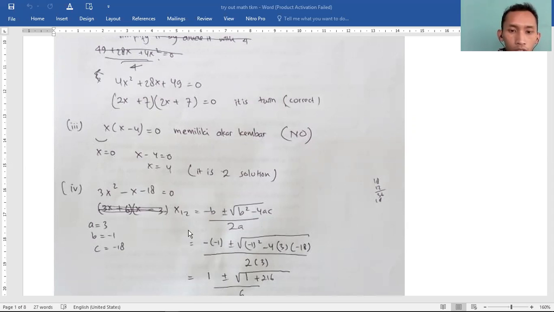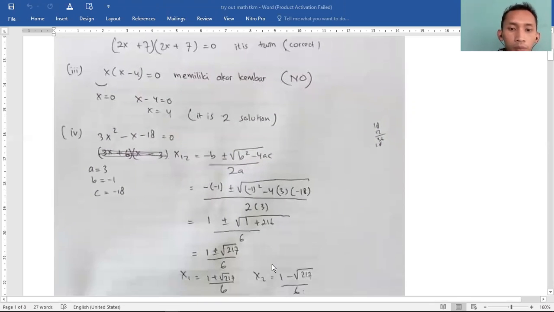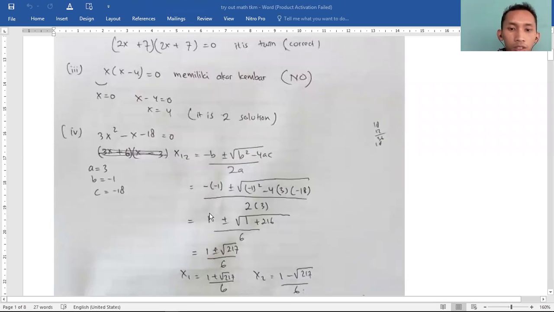So we just need to substitute to this formula: minus of minus 1, plus minus square root of minus 1 squared minus 4 times 3 times minus 18, per 2 times 3. Okay, and then negative times negative is equal to positive 1, plus minus, negative 1 squared is 1, minus 4 times 3 times minus 18 is 216, and 2 times 3 is 6.